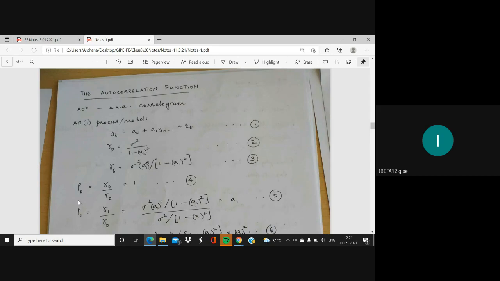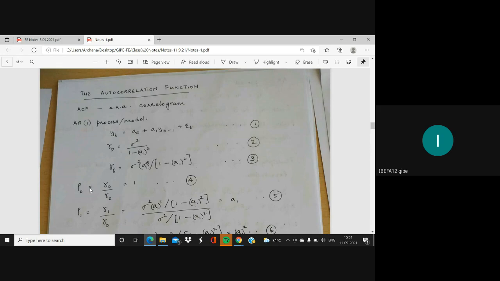So rho 0 is nothing but gamma 0 by gamma 0, which is the variance by the variance, is equal to 1. If you're trying to recall the function, it will just be autocovariance divided by variance.